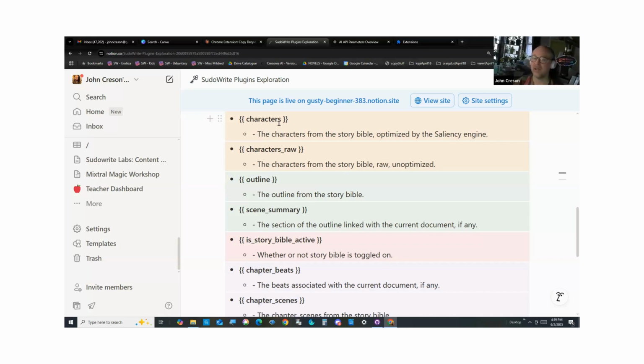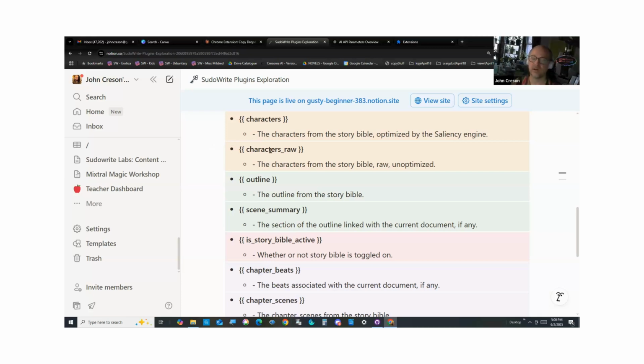If it's not, and you've got a lot of words and a lot of characters, it will weed out characters that are not in the context of, say, the preceding text and the selected text. I'm a little iffy on exactly how characters works versus characters raw. I have a tendency to use characters raw if I'm working with larger models and I just know I want to get all the cards. Give me all the character cards, and I want to do something with these character cards.